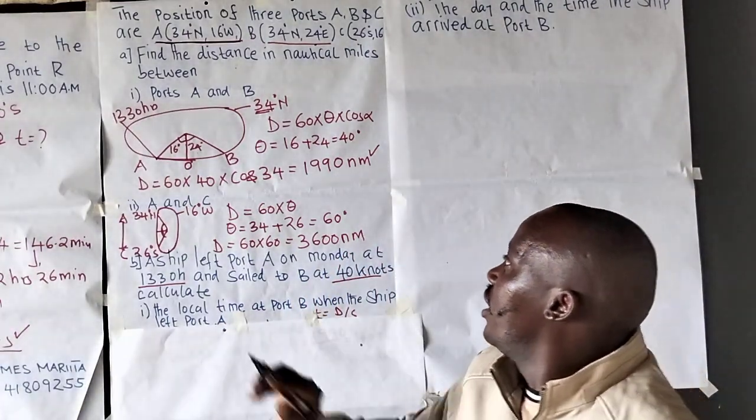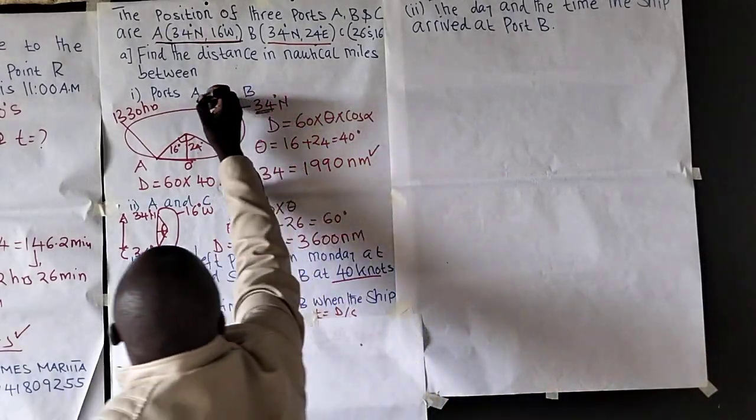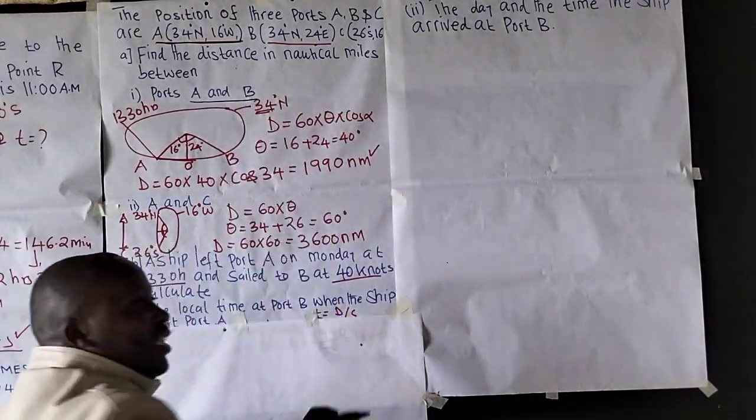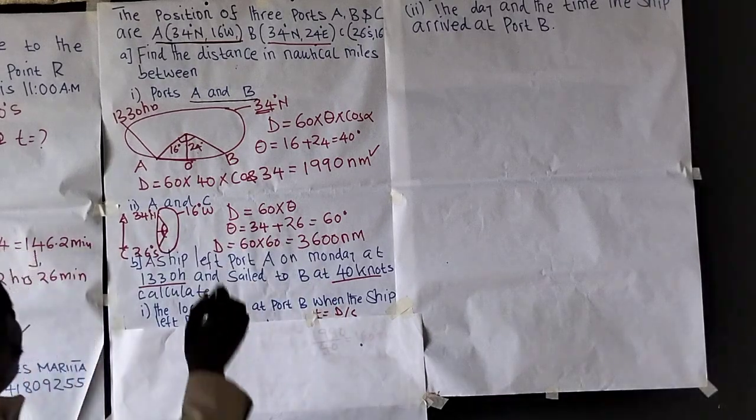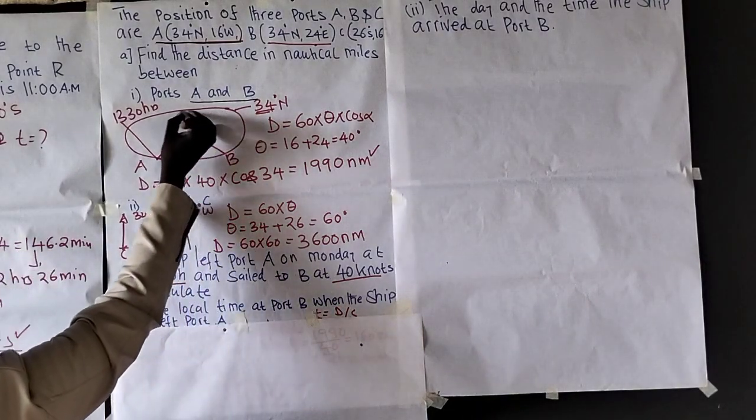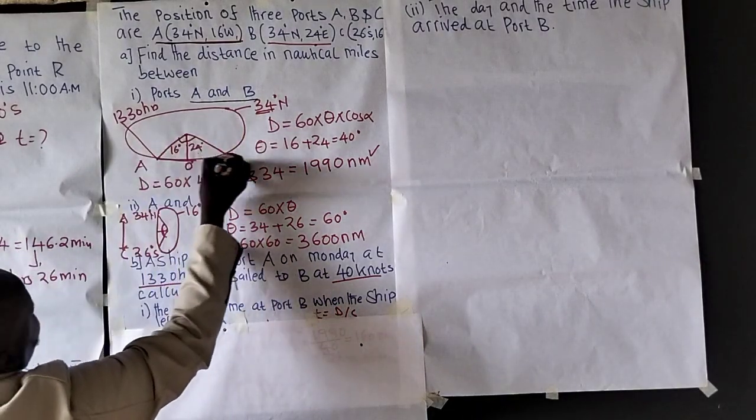We are supposed to find the distance in nautical miles between ports A and P. It is the distance along the small circle, along the latitude of 34 degrees north.